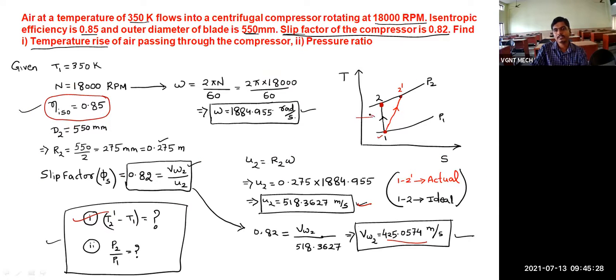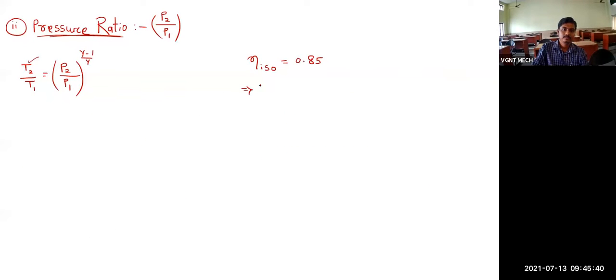It will come from this side because this is the compressor. So the ideal temperature difference is T2 minus T1 divided by the actual temperature difference T2 dash minus T1. So it will be (T2 minus T1) divided by (T2 dash minus T1) is equal to 0.85.